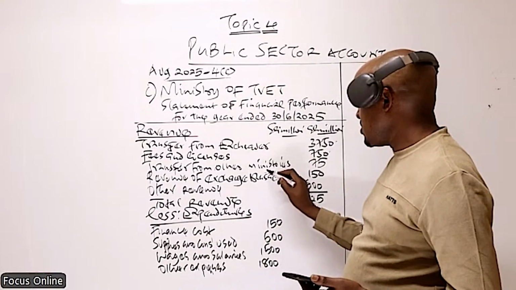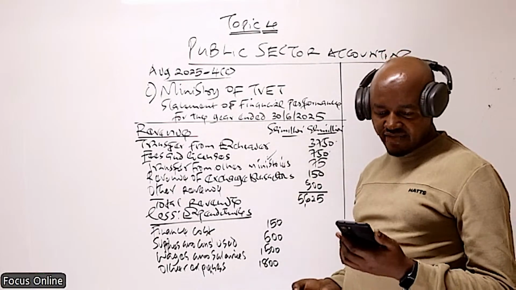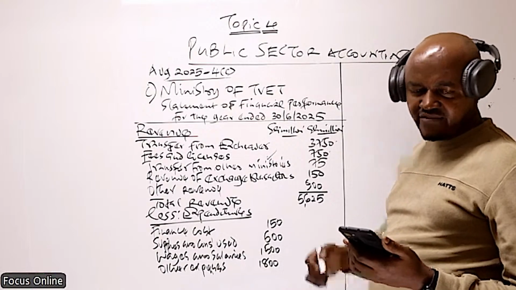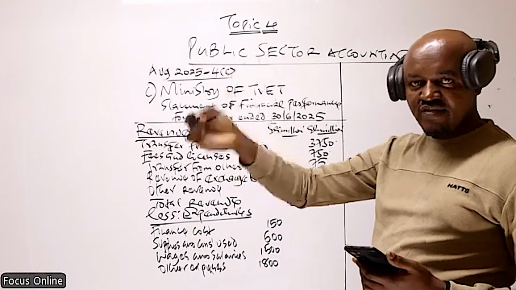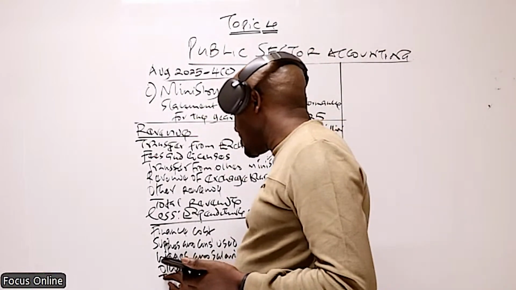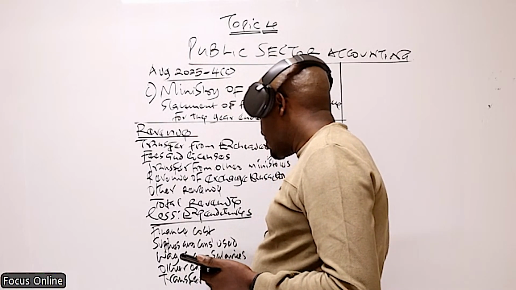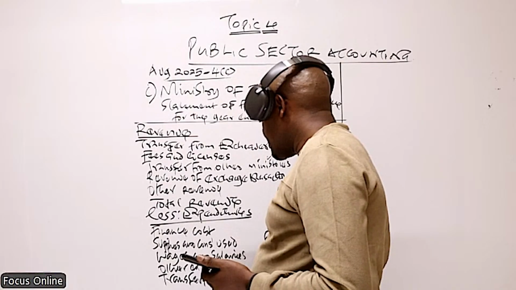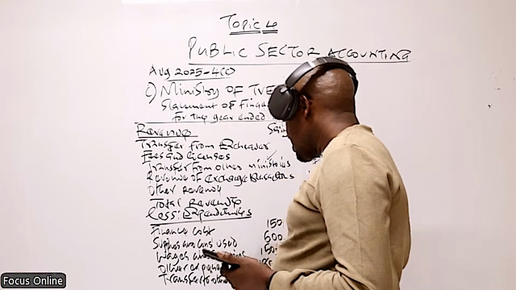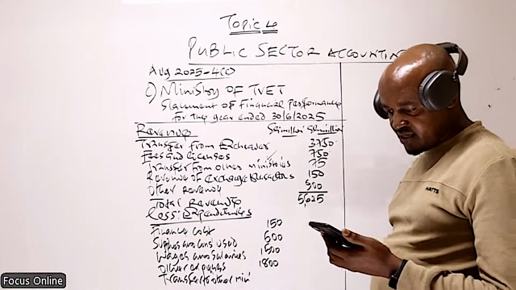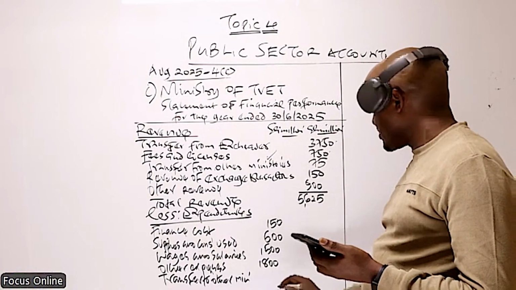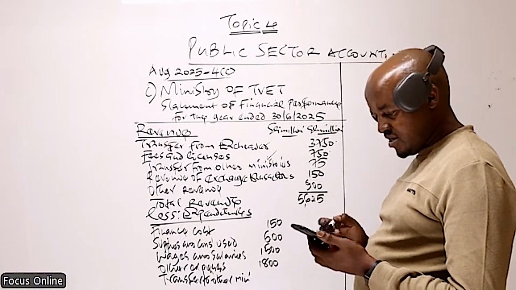Remember that one was an income, or a revenue. And then below that we have transfer to other ministries. This money transferred to other ministries is considered an expenditure to our ministry here. How much is that? That is an amount of 750. Is that correct?